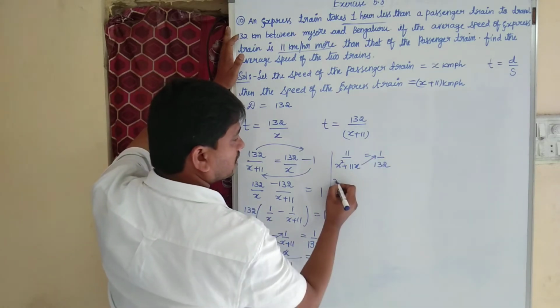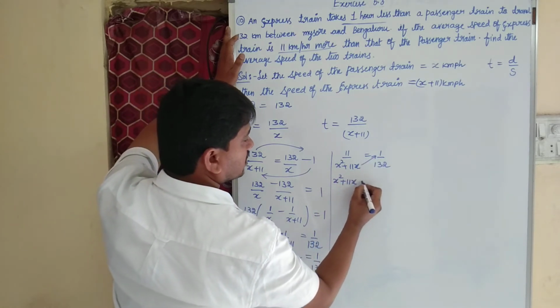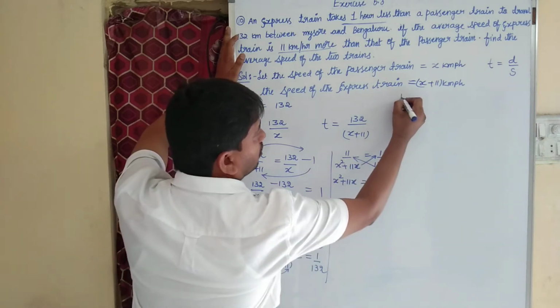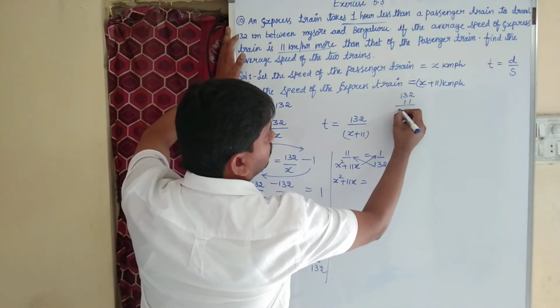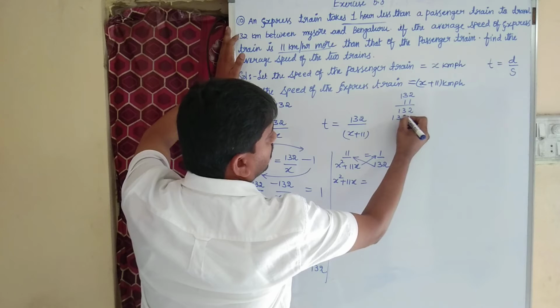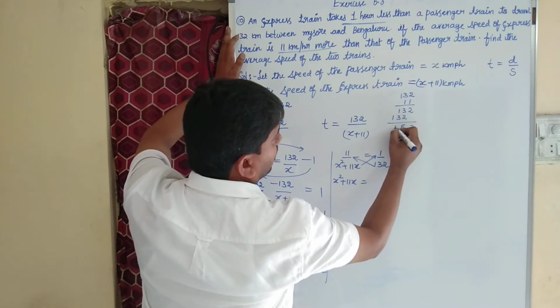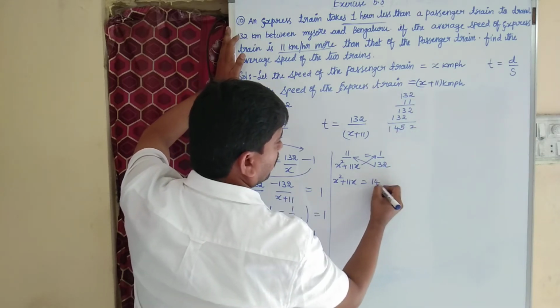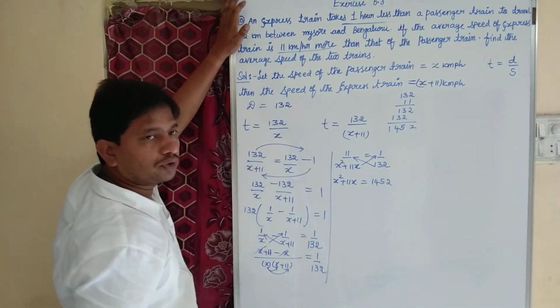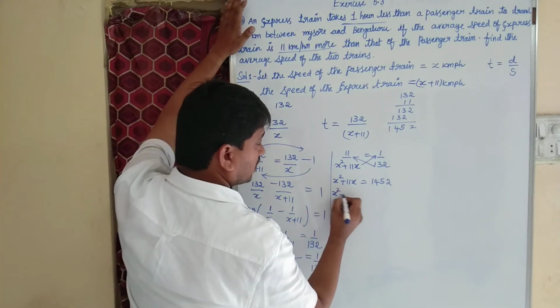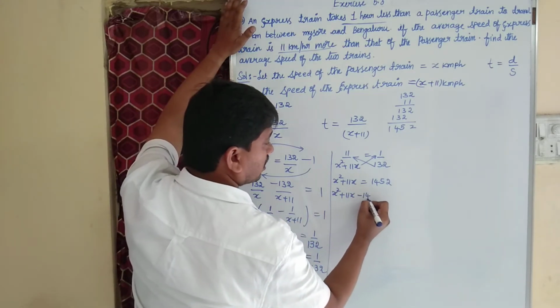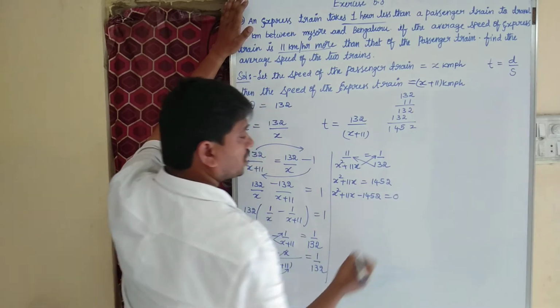Again cross multiplication, x square plus 11x equal to 132 into 11, which is 1452. Transposing 1452, x square plus 11x minus 1452 equal to 0.